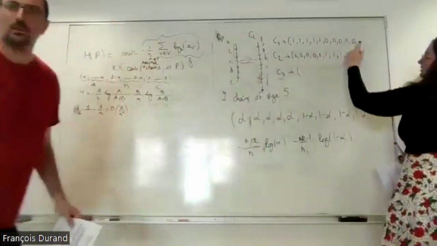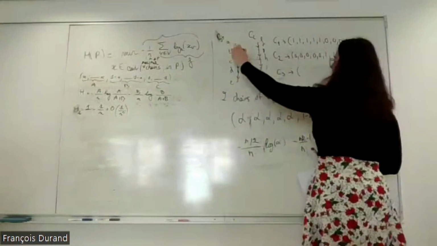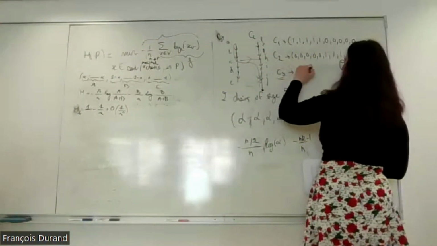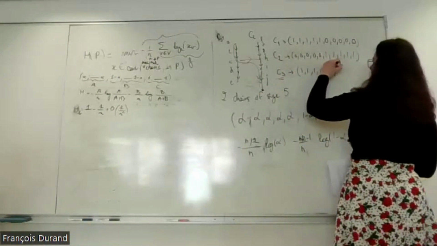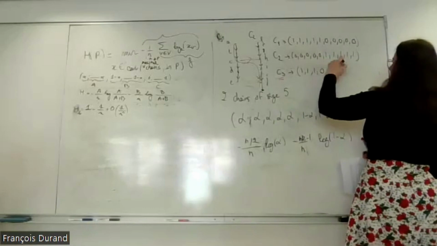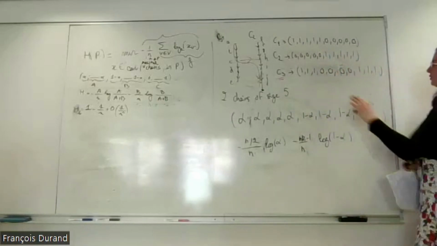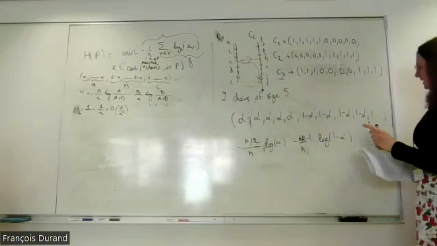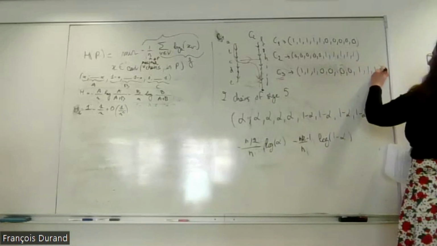So this is 0 again. C1 is again this. C2 is this. And C3 is this chain. And so we have 1, 1, 1, 0, 0, 0, 0, 1, 1, 1. So we have a bunch of ones on the extremities and 0 here. And so here we put alpha.